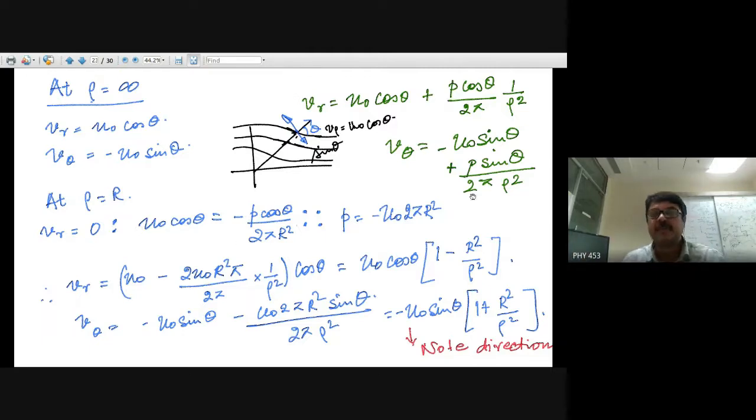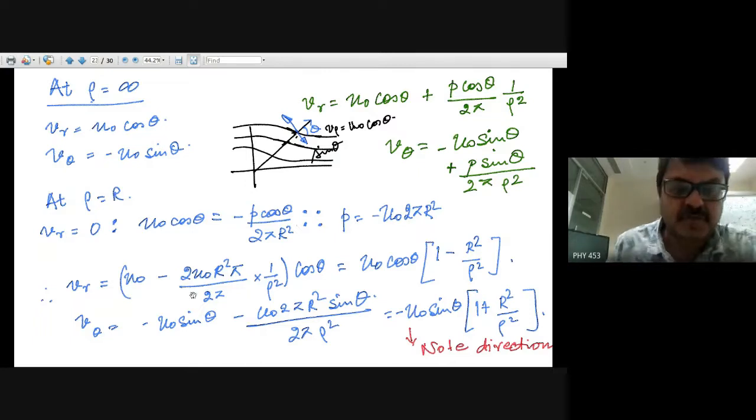So if you know the P, you just substitute it here, and P was unknown previously. From here, we figured out the value of U0 by matching boundary conditions, right? And if you know the value of P, then essentially you get the entire velocity field, and instead of P, you will now have minus 2 U0 R square pi.